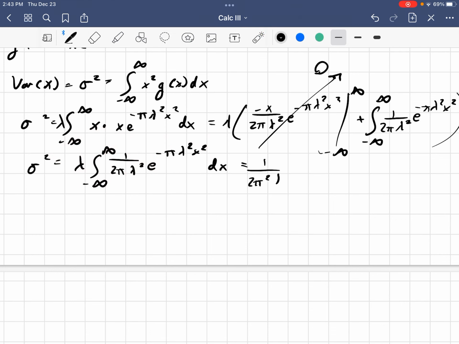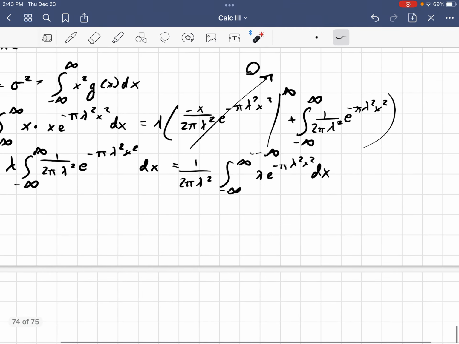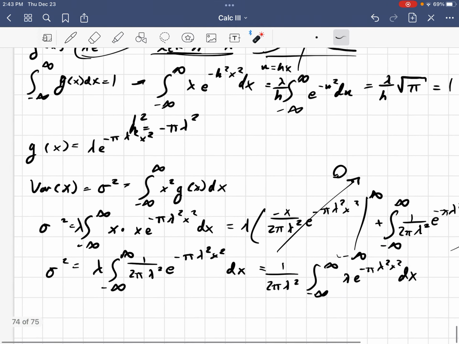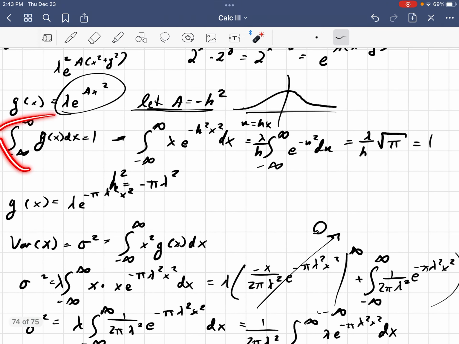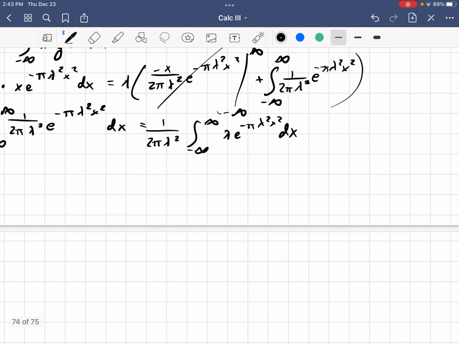I get 1 over 2 pi lambda squared times the integral from negative infinity to infinity of lambda e to the negative pi lambda squared x squared dx. And this integral right here, we forced our function such that the integral from negative infinity to infinity is 1. In other words, it's a normalized curve.